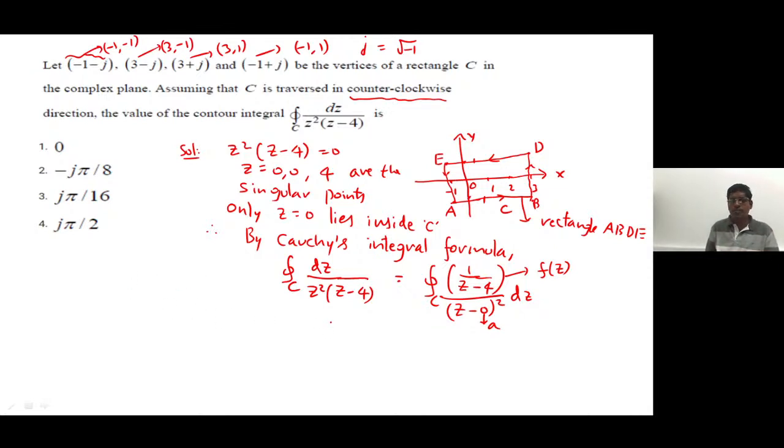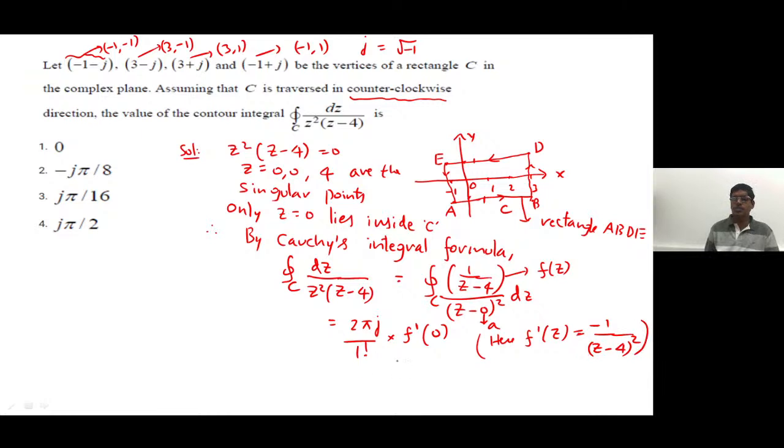So according to the Cauchy integral formula, this is 2 pi j by 1 factorial into f dash of the singular point, which is 0. This dash means derivative with respect to z. So here f dash z: 1 upon z minus 4, its derivative with respect to z is minus 1 upon z minus 4 whole square.